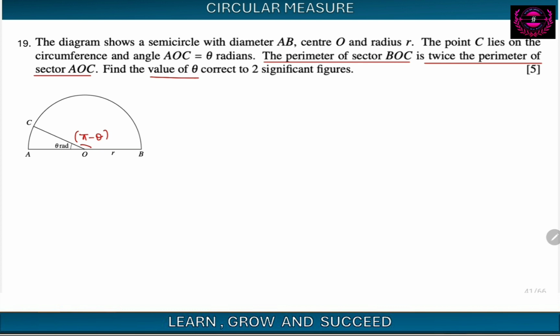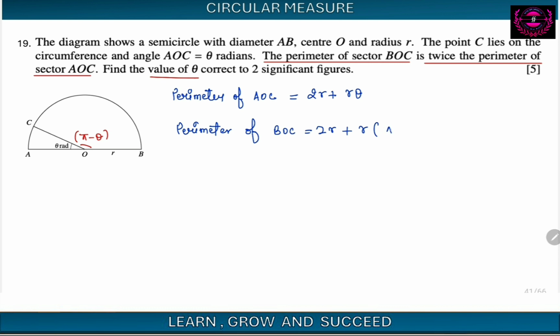Therefore, the perimeter of AOC is 2r plus r theta. The perimeter of BOC will be 2r again plus r into pi minus theta.